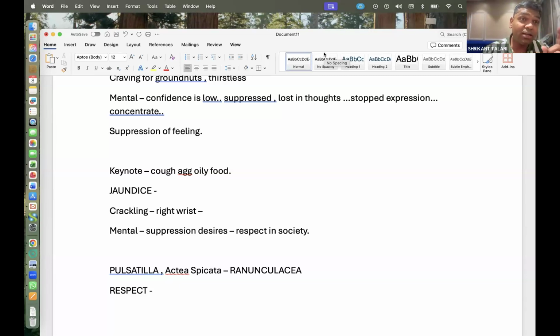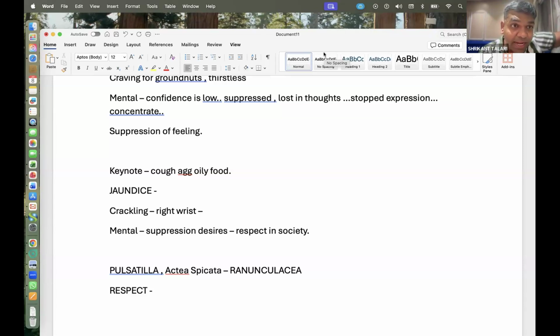But they have what? Crackling in joints. I have what? Crackling in joint. Mother has what? Crackling in joint. So I see that the most inherent deepest symptom that is running in the family is joint complaints. So I allow that joint complaint to take the topmost priority.